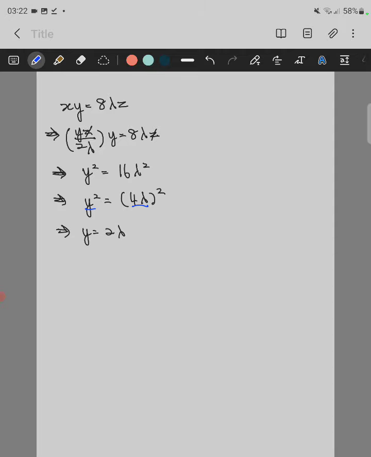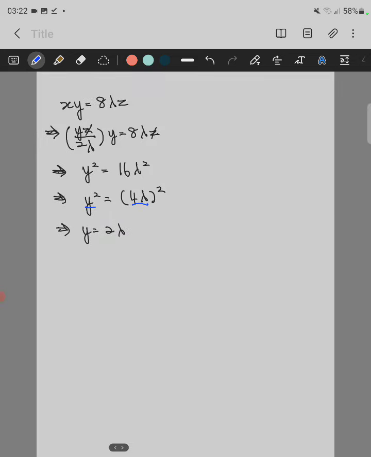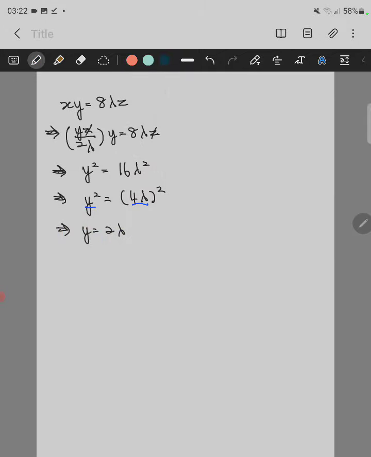So now I have my z here equals square root of 8 lambda and my y here equals 2 lambda. From here we can just find our x, since our x here is equal to yz over 2 lambda.